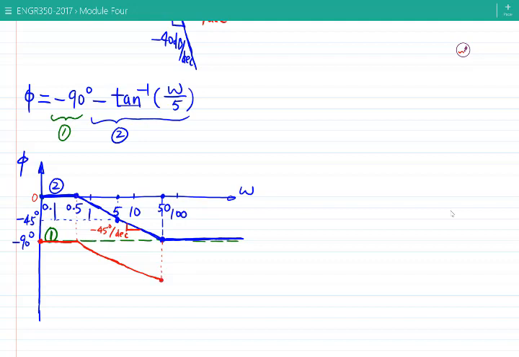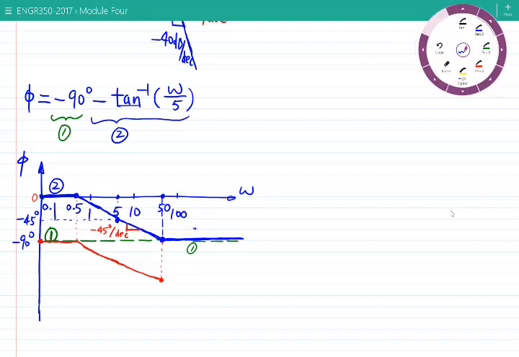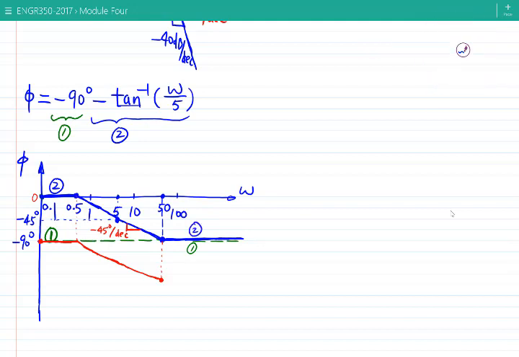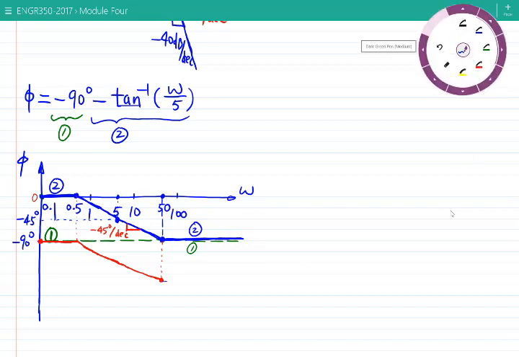From here, basically factor number 1 adds up to factor number 2. So minus 90 added to minus 90, we have minus 180 degrees.